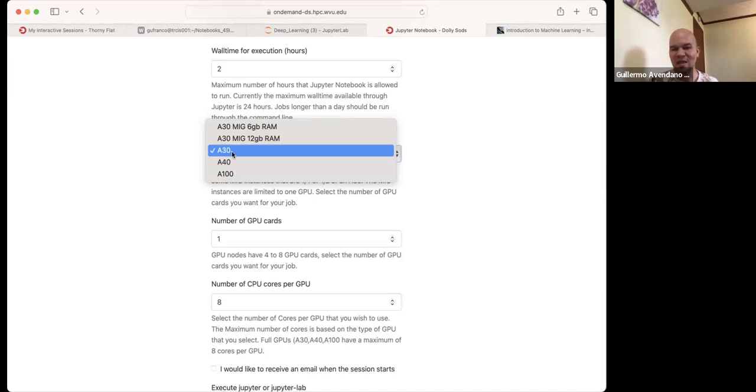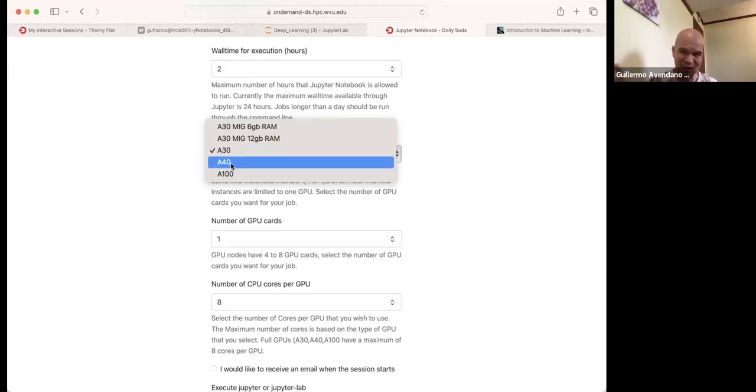Now, the A30 and A40 have exactly the same memory. They differ in how they perform depending on the numerical precision of your neural network, the weights and biases that you are using.